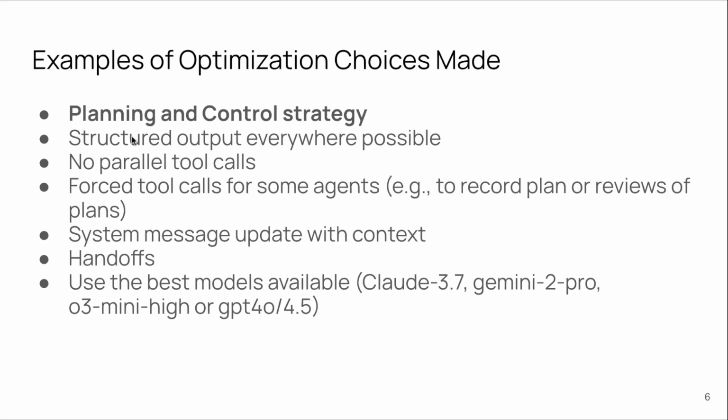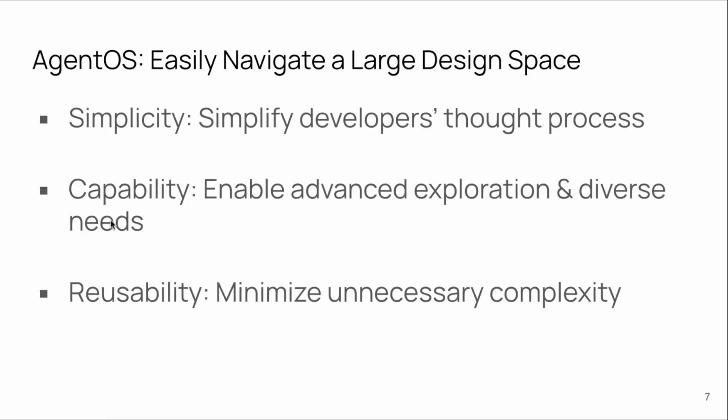While it sounds intuitive, it actually requires a lot of fine-tuning of the workflows to make it really work, with things like updating the persistent message dynamically and using the best models available.